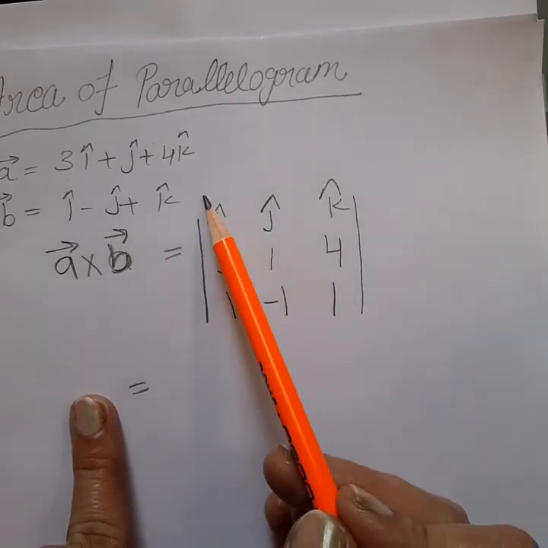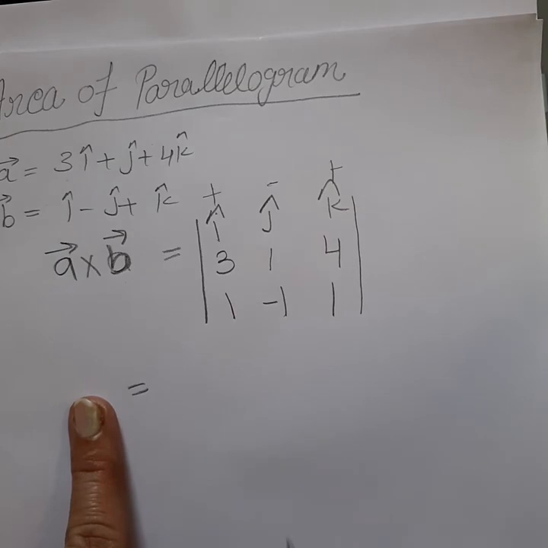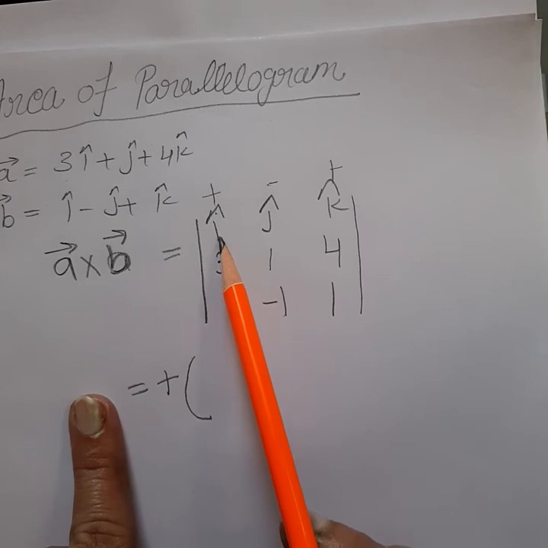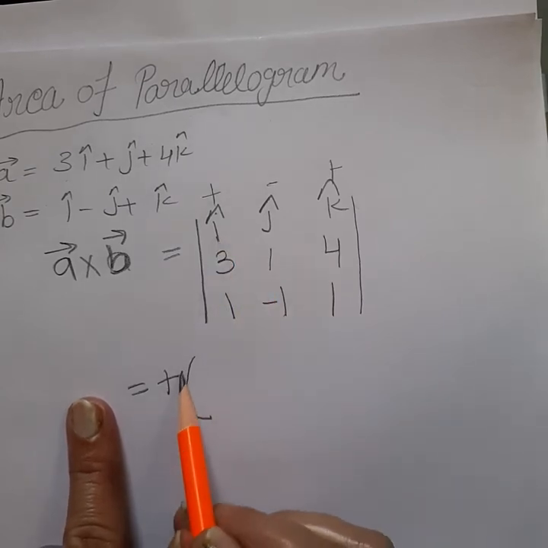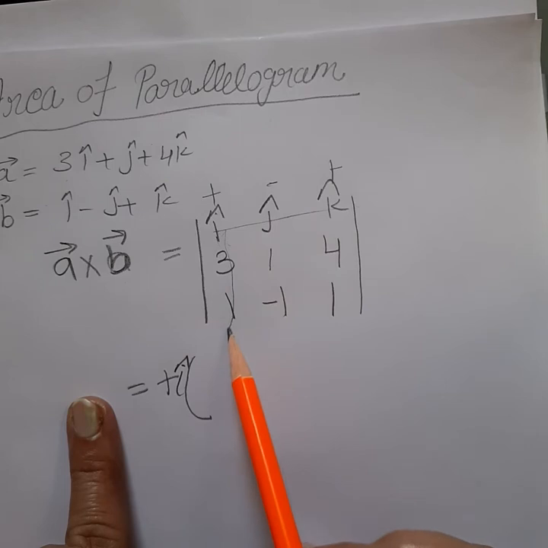We take the signs plus, minus and plus. So students, we write here the sign of plus and we solve it as we solve it in determinants. So if you solve with i, first of all you write here i, and leave this row and column.